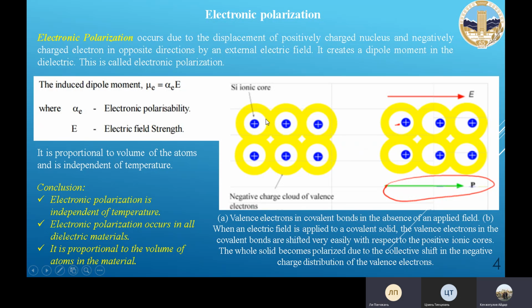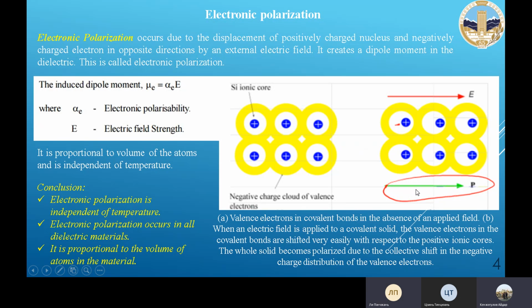And this is the valence electron in covalent bonds in the absence of an applied field. And this is when an electric field is applied to a covalent solid. The valence electrons in the covalent bonds are shifted very easily with respect to the positive ionic cores.